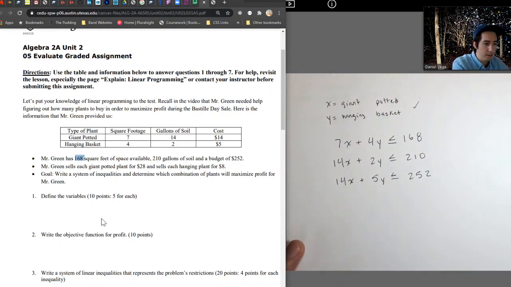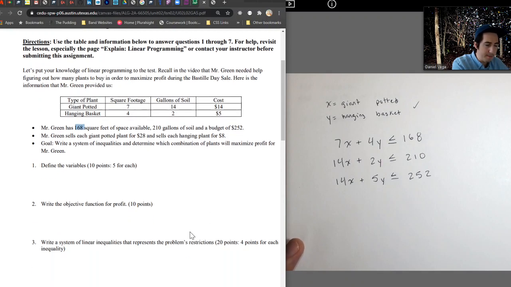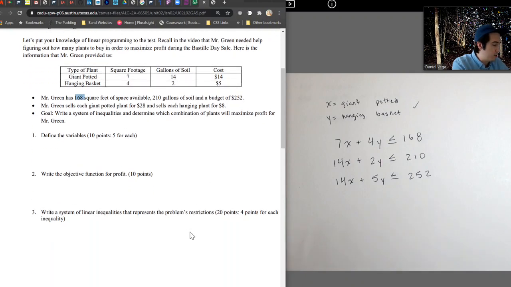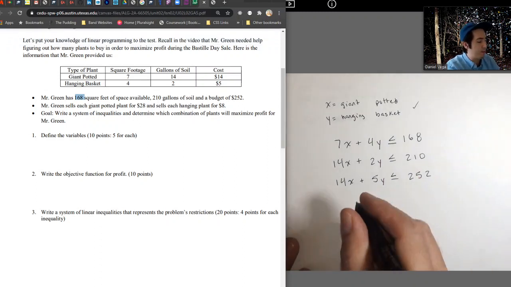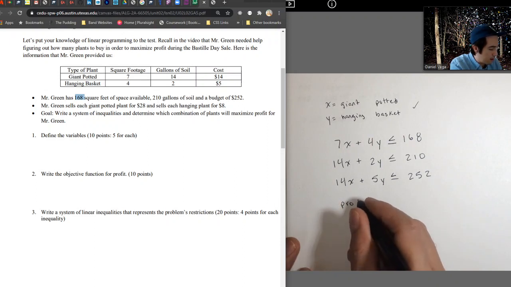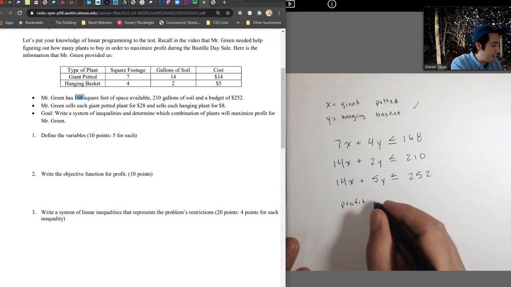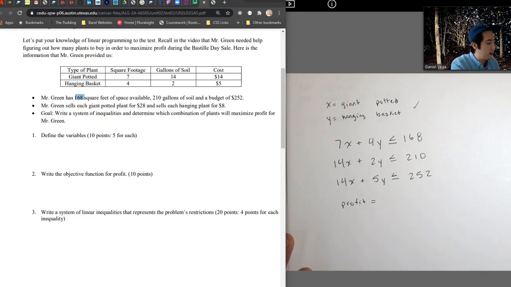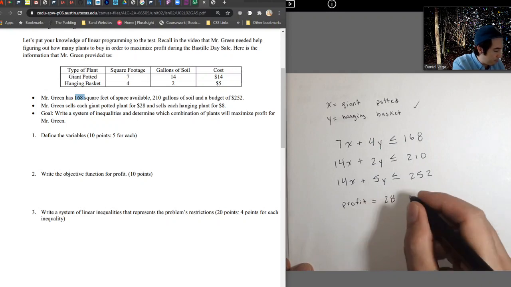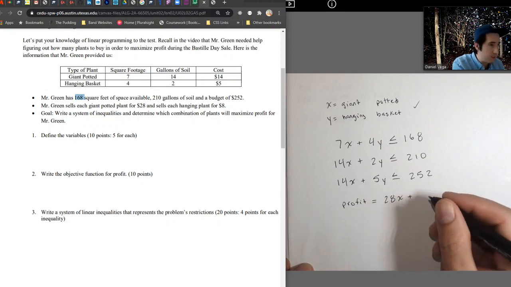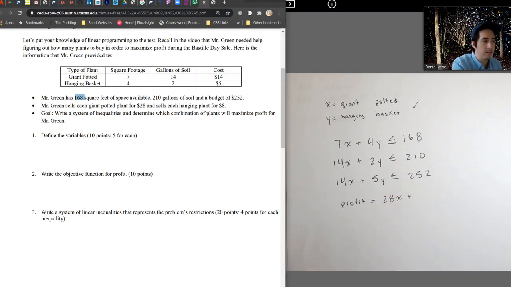And if I wanted to write the objective function for profit, I think we wrote that the right way. Profit is going to be equal to, and this is what it should be, he's selling $28 for every potted plant plus $14.